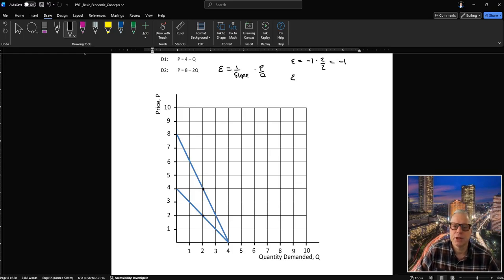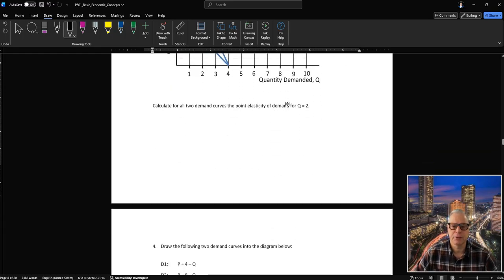Now let's do the other one. The slope is negative 2, so 1 over negative 2 is negative 1/2 times 4 over 2, it's also negative 1. So in other words, whenever you go to the midpoint of a linear demand function, the price elasticity of demand is always unitary, negative 1.